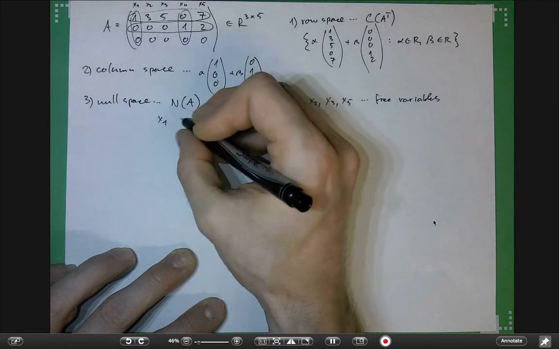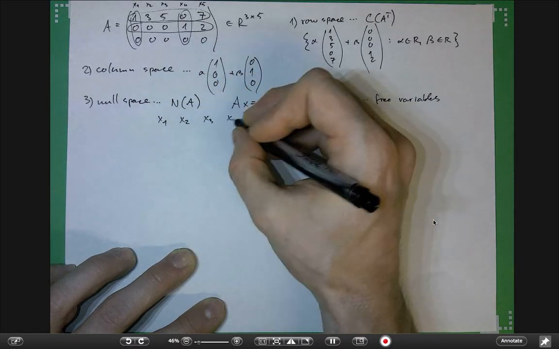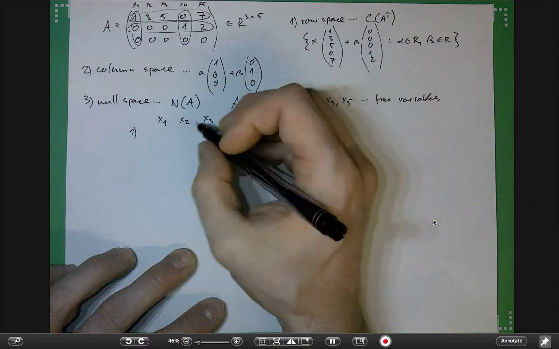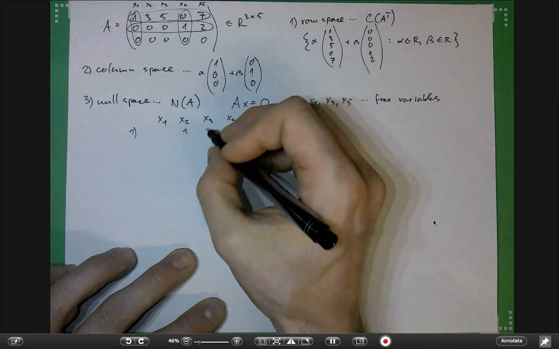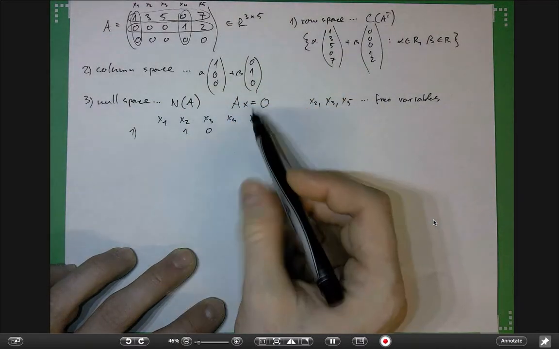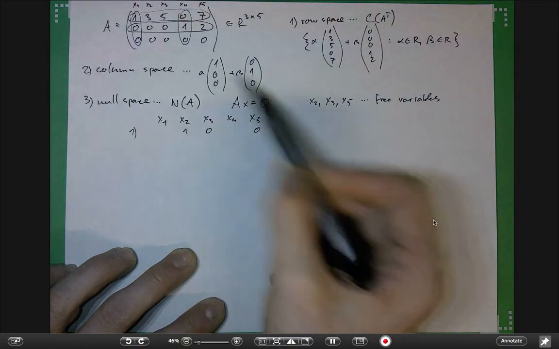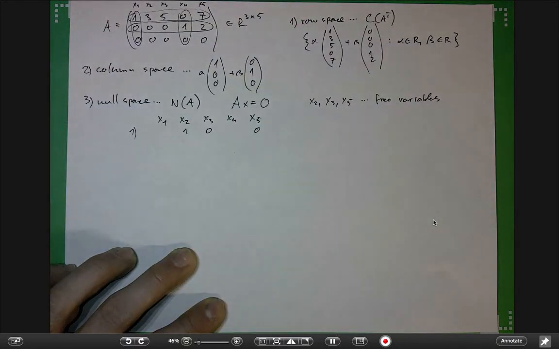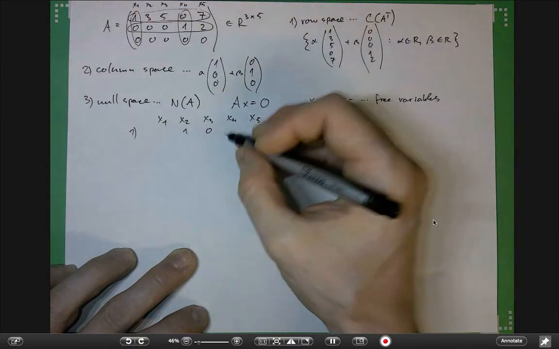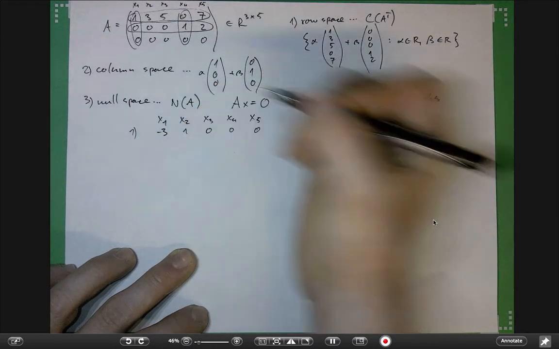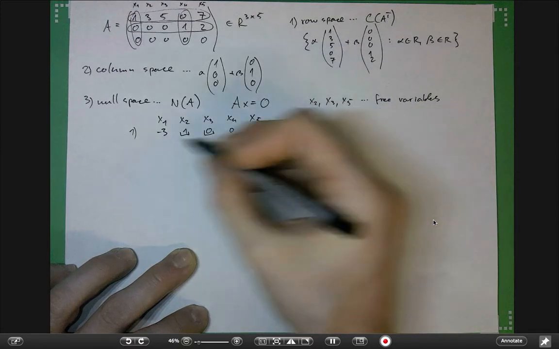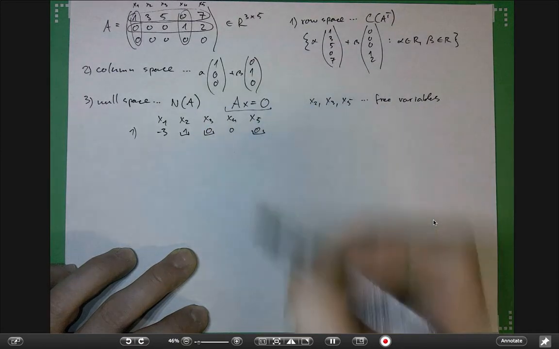So x1, x2, x3, x4, x5. My first choice will be 1, 0, 0. And from this I just substitute the x2, x3, and x5 values, and I solve for the remaining pivot variables. In this case, I will get this. So these I picked, and these I computed from these equations.